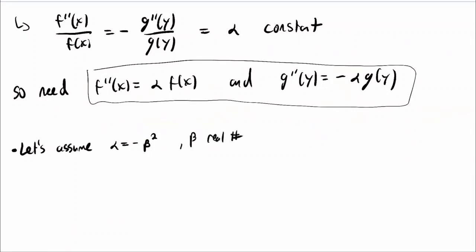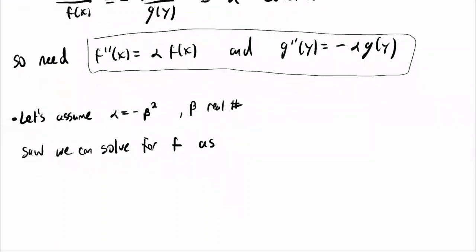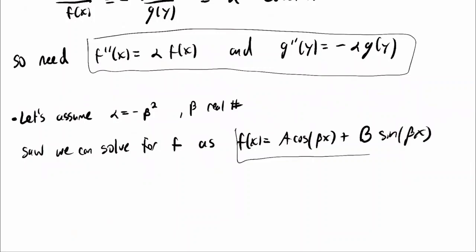In this case, we saw that we can solve for f in the following way. The general solution is given by f of x is some number a times cosine of beta x plus some number b times sine of beta x. And so this is a good candidate for our function f.